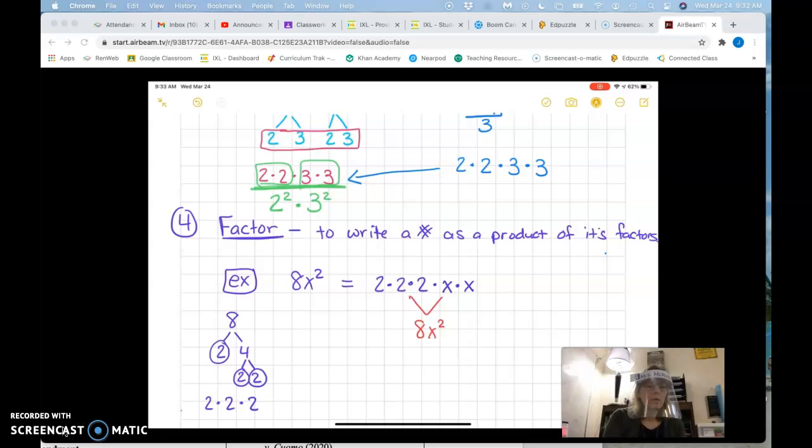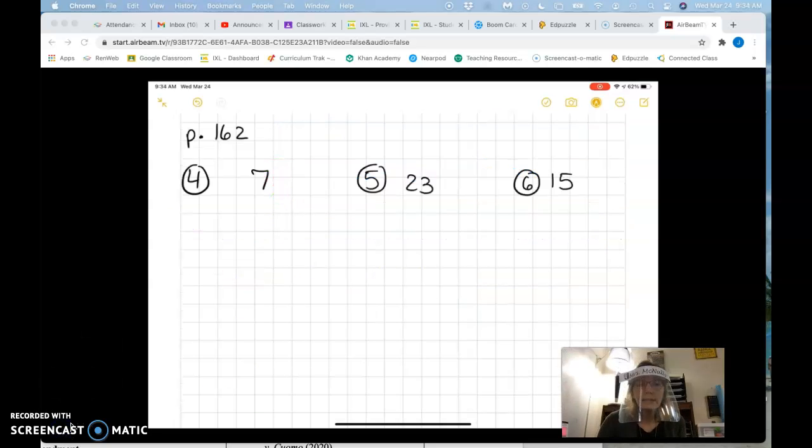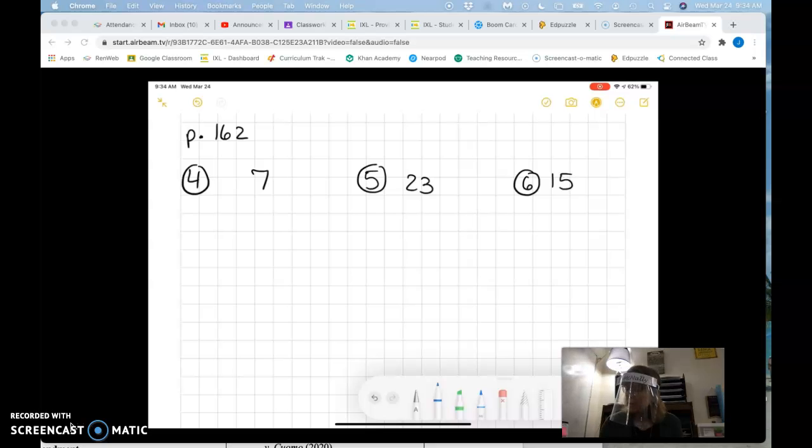For numbers 4, 5, and 6, it says write whether the number is prime or composite. So to figure out if it's prime or composite, I'm going to see how many factors it has. Remember, prime has how many factors? 2, and composite has more than 2. So what are the factors of 7? 1 and 7.